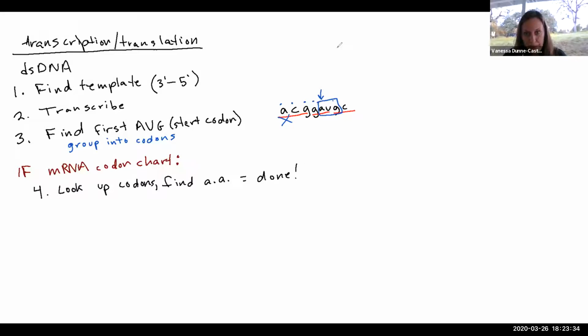However, if I provide you with something different, which of course I will, if you are using a transfer RNA anticodon chart, then you have an extra step that is needed here. Then your step number 4 is to find the associated anticodons.